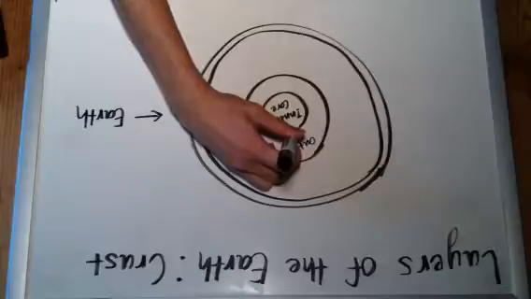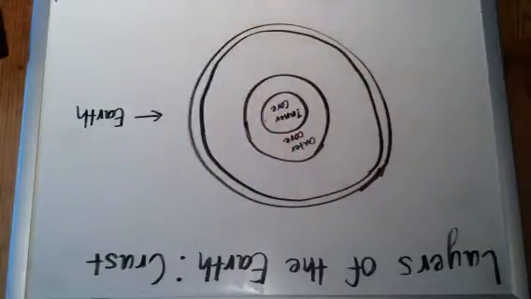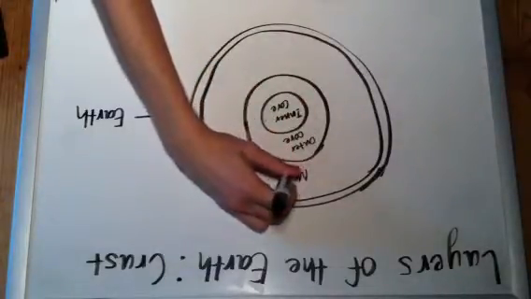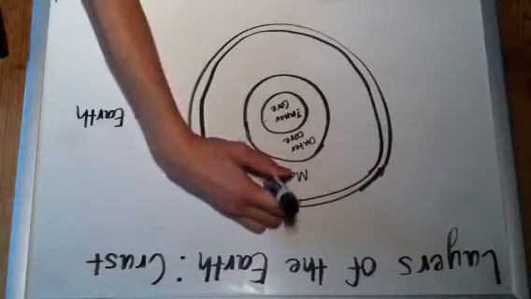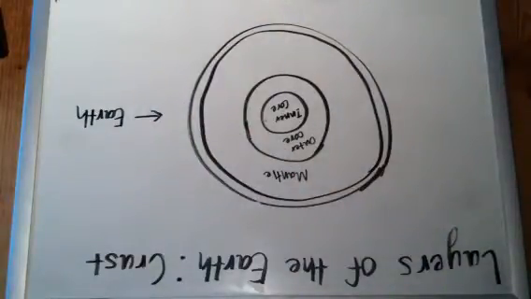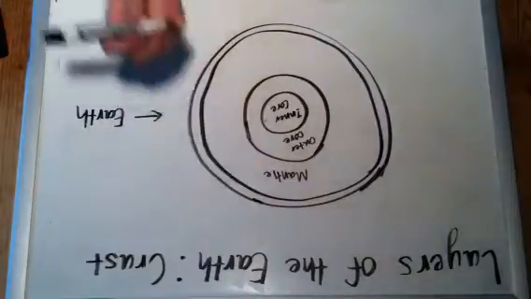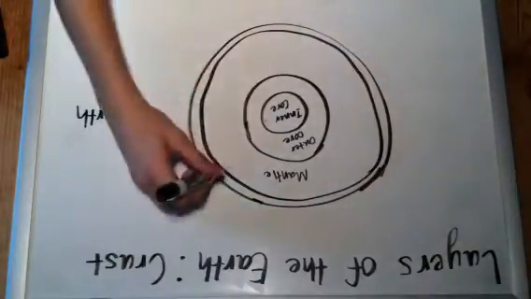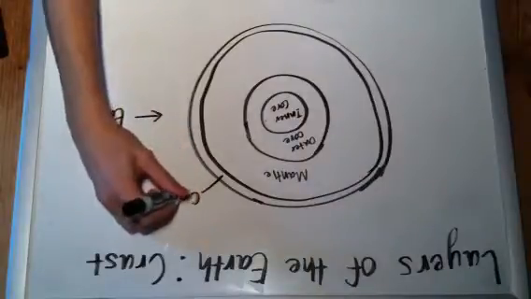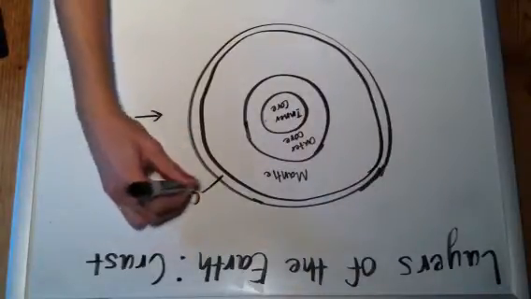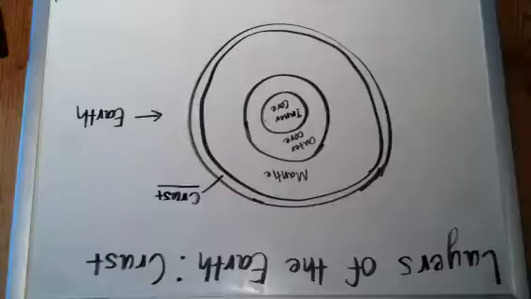Then there's the outer core, which is a liquid spherical shell that outlines the inner core and is responsible for generating our magnetic field. Then we have the mantle, which is a semi-solid or plastic sort of layer that's constantly flowing and in motion, responsible for the movement of our tectonic plates. And then this very thin outer layer we have is the crust. So we're going to be focusing on the crust.